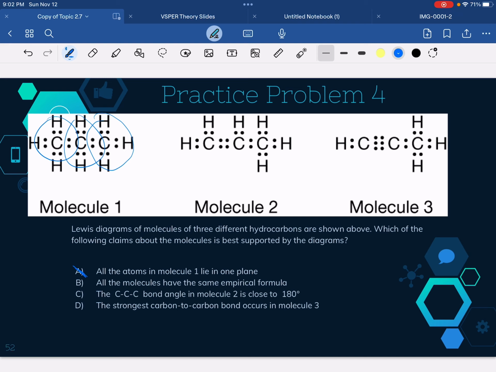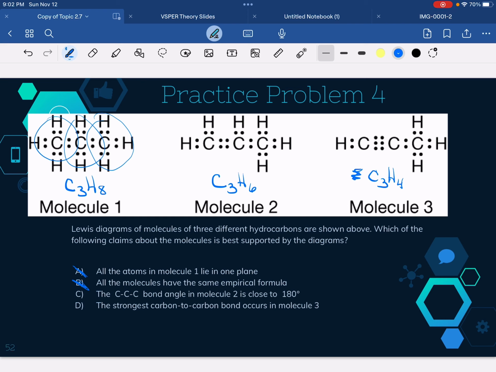All the molecules have the same empirical formula. So the empirical formula: we have C3H6, and then we have C3H4. So that is not true either.